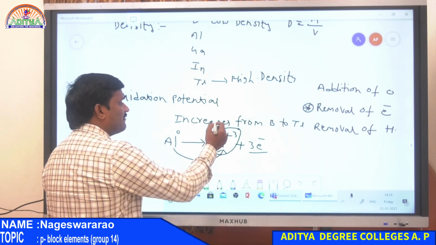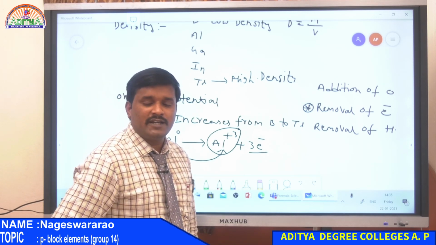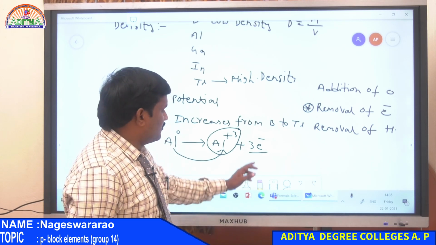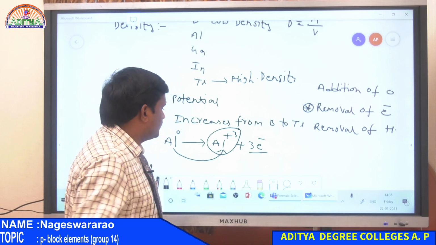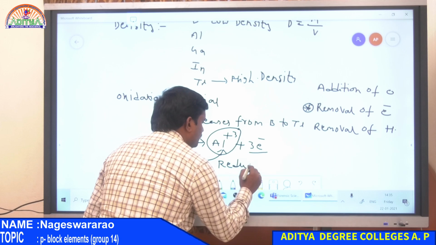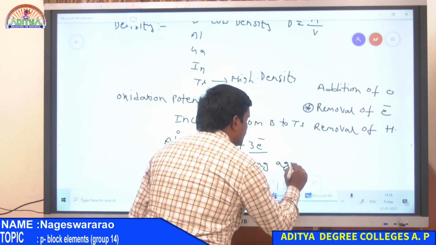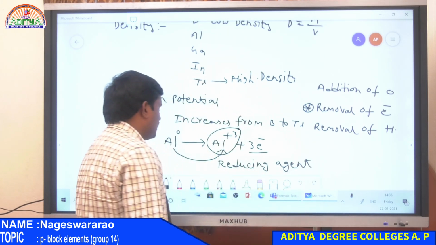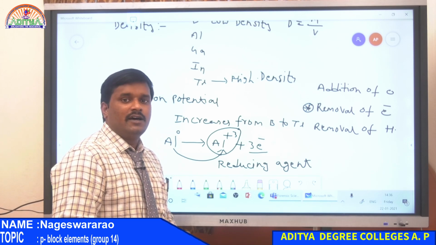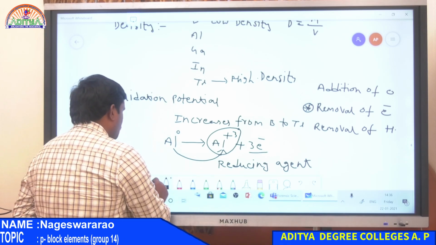Therefore, aluminum has the highest oxidation potential. It means it has more tendency to undergo oxidation to form Al plus 3 by the removal of 3 electrons. Therefore, it is a good reducing agent. Aluminum is a good reducing agent. So, what is a reducing agent? A reducing agent is one that itself undergoes oxidation and can reduce another element present in that group.